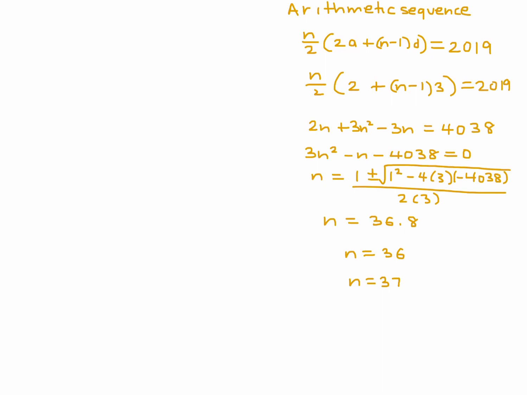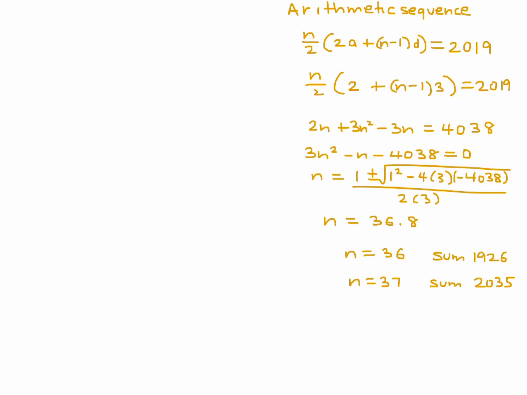When n is 36, and you plug it back into that formula, you get a sum of 1926. So we're a bit short of 2019. When n is 37, you get a sum of 2035. So n is obviously 37.